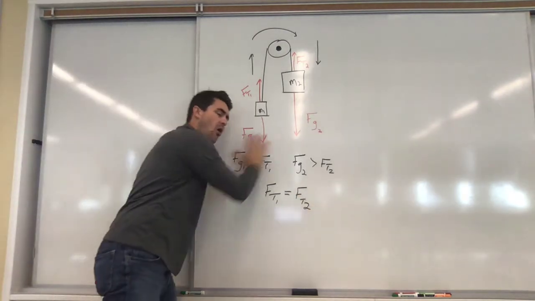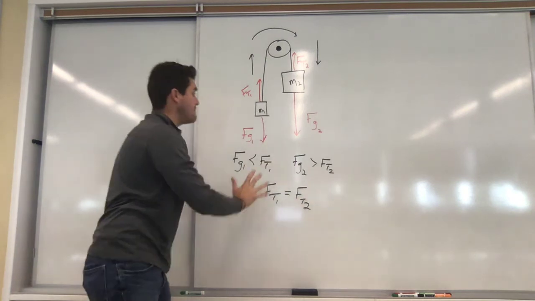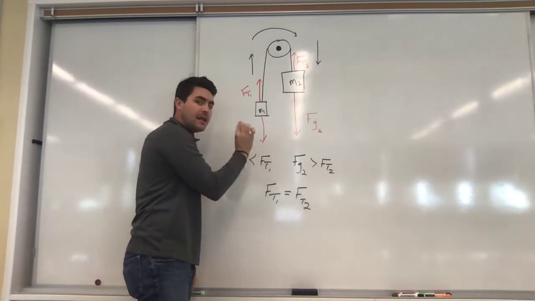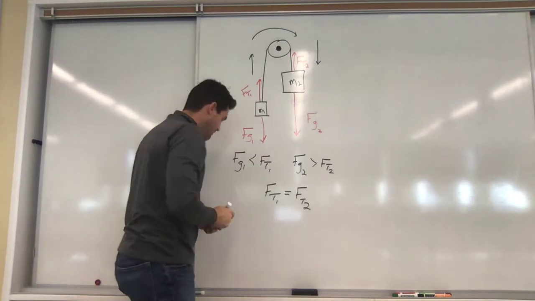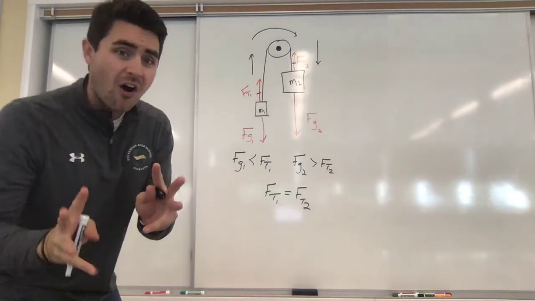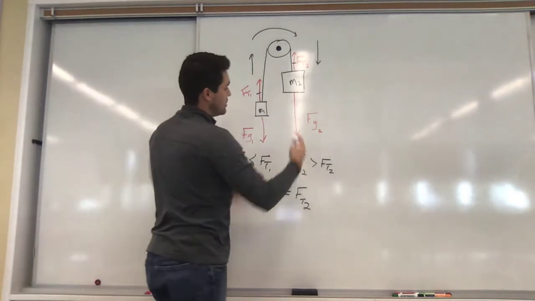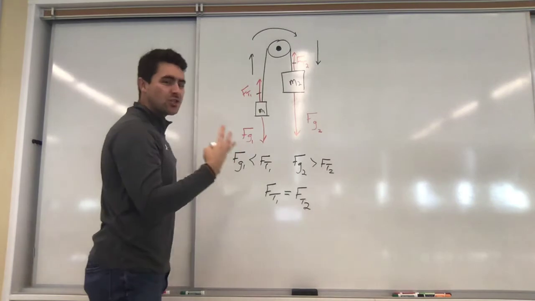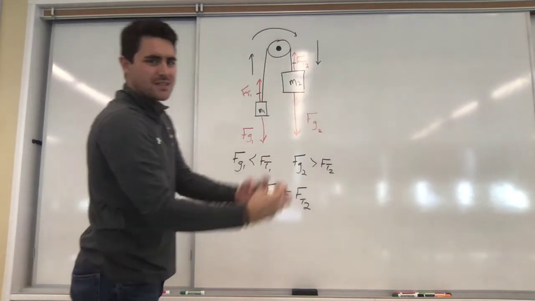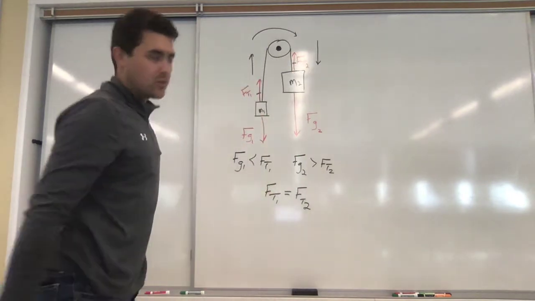I can see how all of these forces are related, and I had better make sure that in my picture, Fg1 is the smallest force. I had better make sure I say these two forces are congruent to each other because they are Newton's third law pair. And lastly, Fg2 is going to be the largest force. It's the driving force that pulls the system up on the left side and down on the right side.